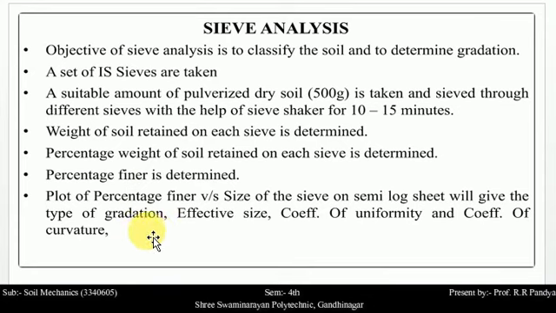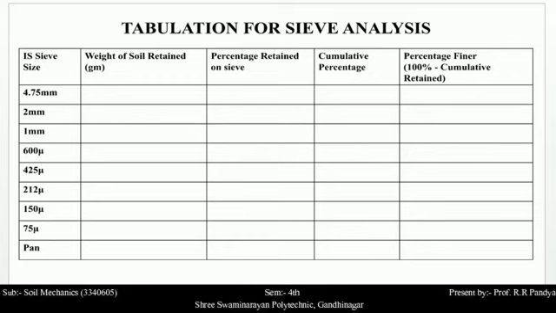A plot of percentage finer versus size of the sieve on semi-log sheet will give the type of gradation, effective size, coefficient of uniformity and coefficient of curvature. Here is the sample tabular format for sieve analysis.